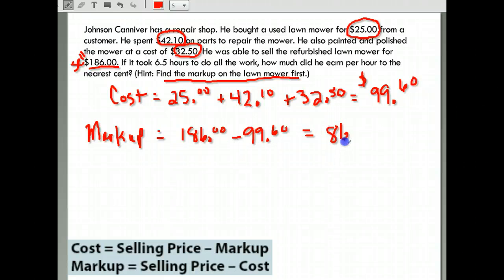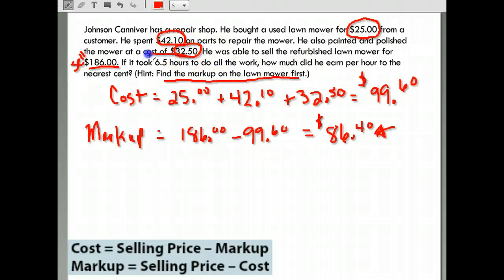And we find out the markup was $86.40. Okay, so this is the amount of money that came back to him, $86.40.